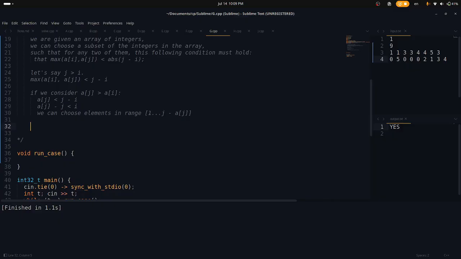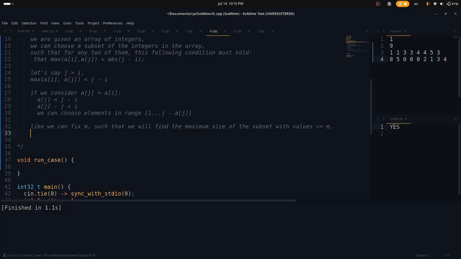Okay, I have an idea. We can fix m such that we will find the maximum size of this subset with values less than or equal to m.